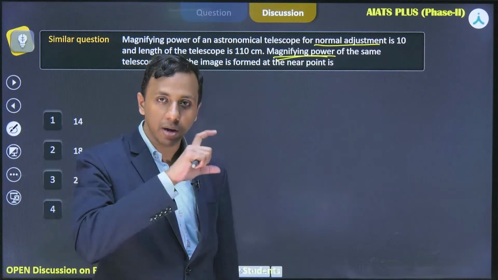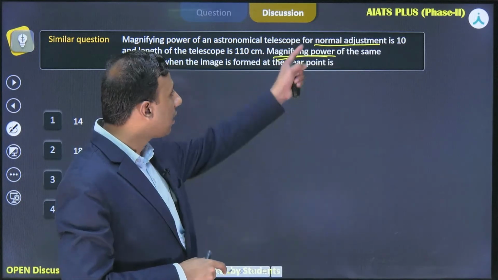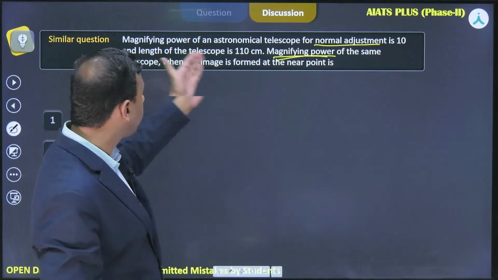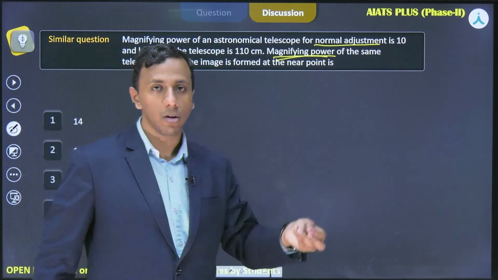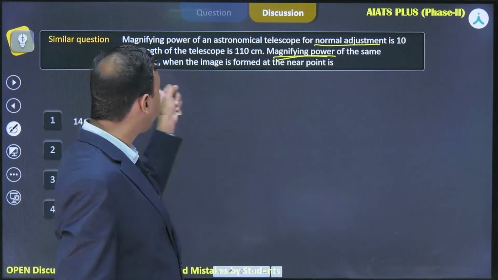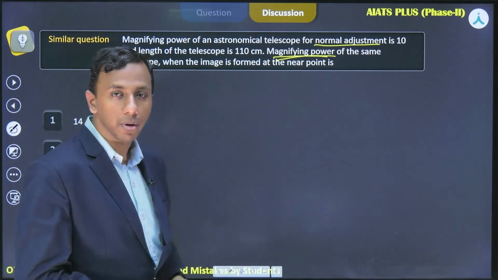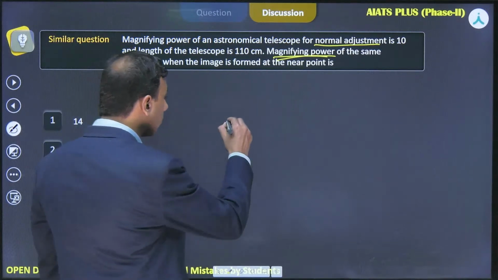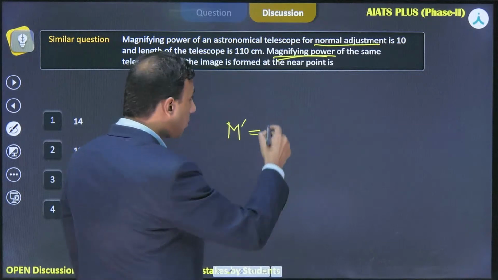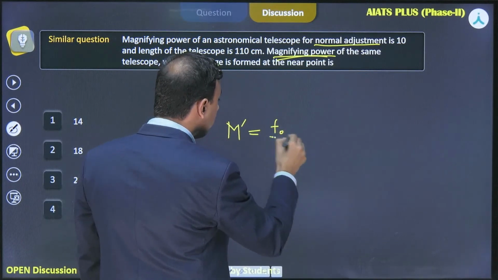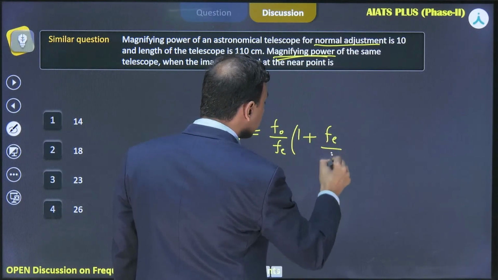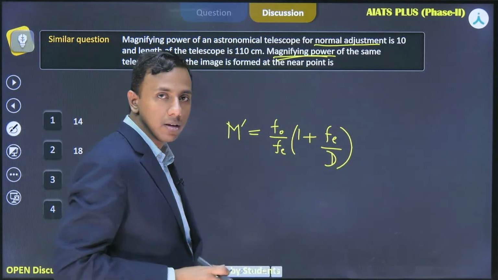So in the first case, you have to write two equations: F naught by Fe is equal to 10, and F naught plus Fe is equal to 110. You solve it, you will get F naught and Fe. And now, for the new magnifying power when the image is at near point, which formula will you use? That second formula which I wrote: at near point, it is F naught by Fe into 1 plus Fe by D. Everything is known.